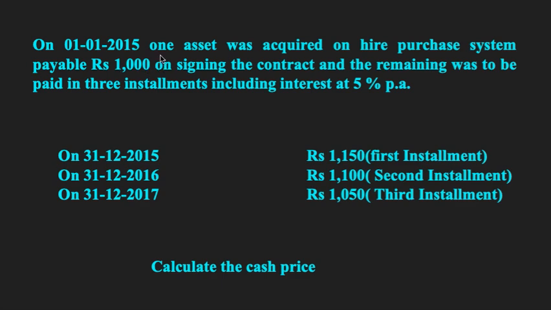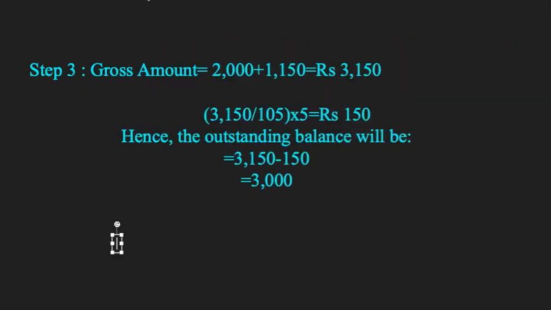This is the advance which is paid here, 1000, and the cash balance on 1st of Jan 2015 is how much? 3000. Now if we see what is the cash price of the asset, it would be this 1000 rupees which is paid as advance, and 3000 rupees which is the cash balance as on 1/1/2015. Hence we can say what?